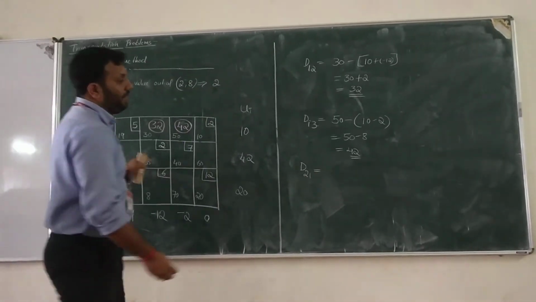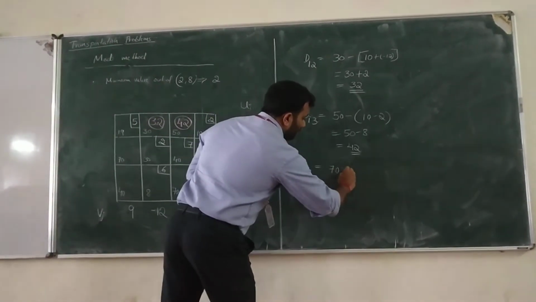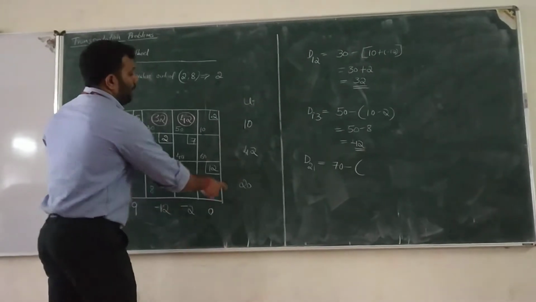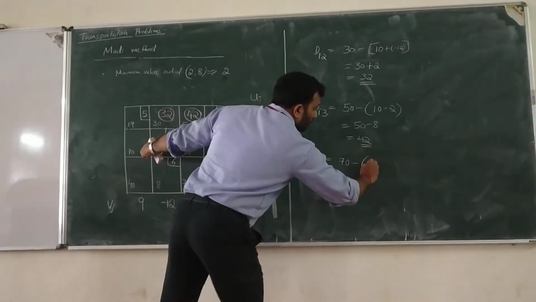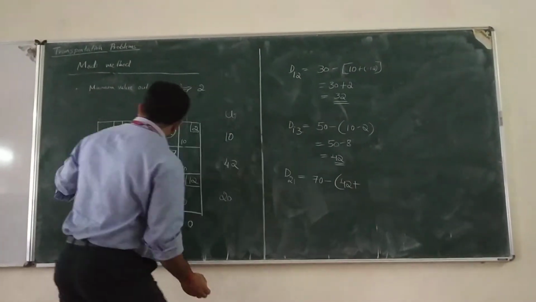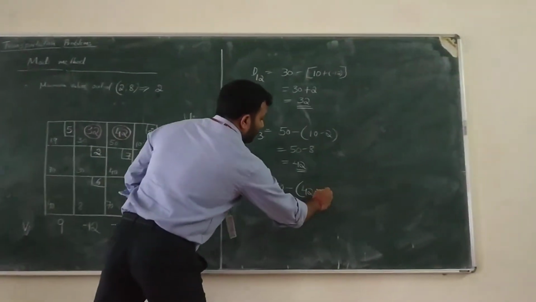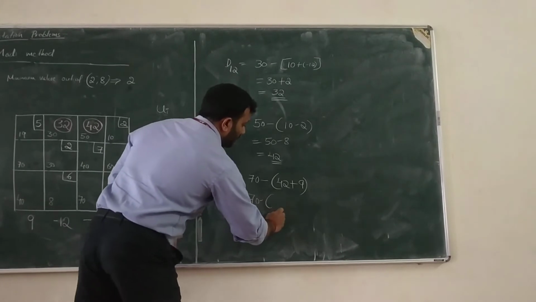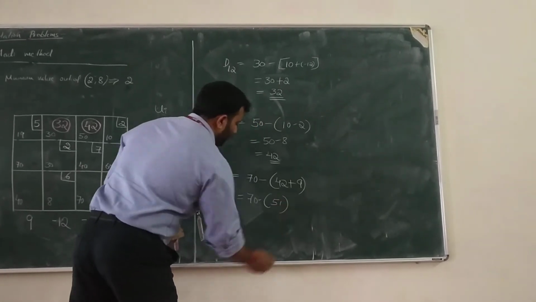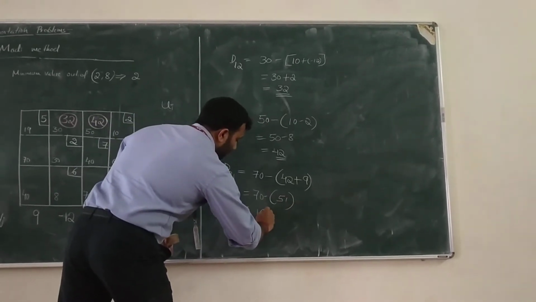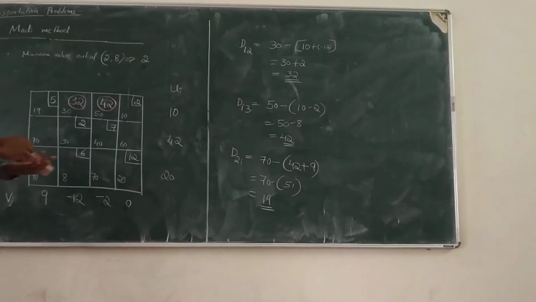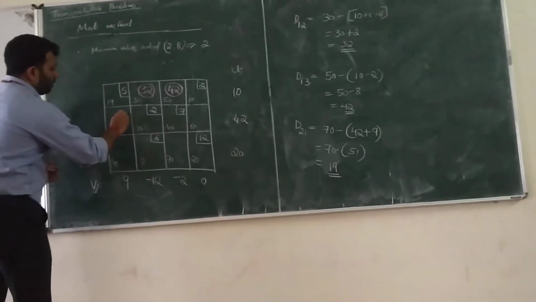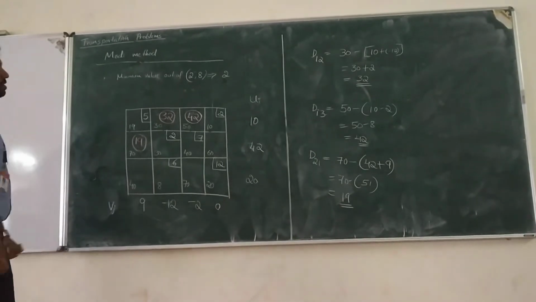So here it is 70 minus Ui value is 42 plus Vj value is 9. 70 minus 51 is equal to 90. So I have got the value. The opportunity cost is 90.